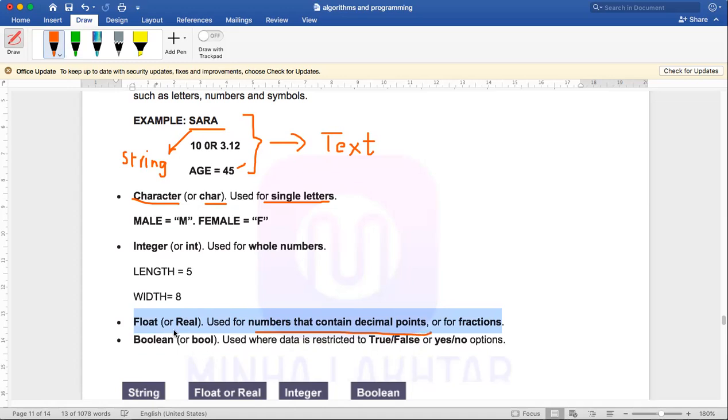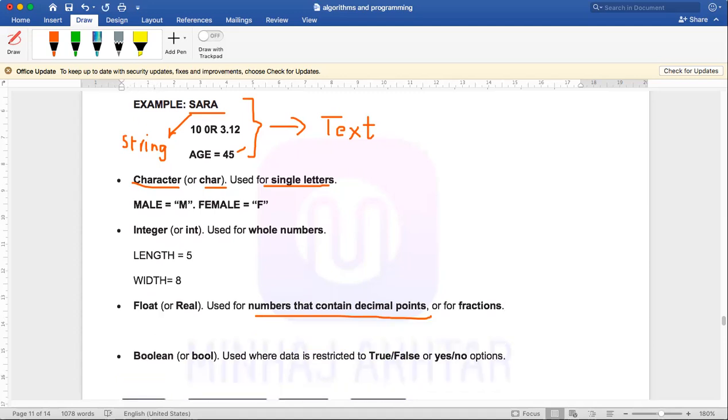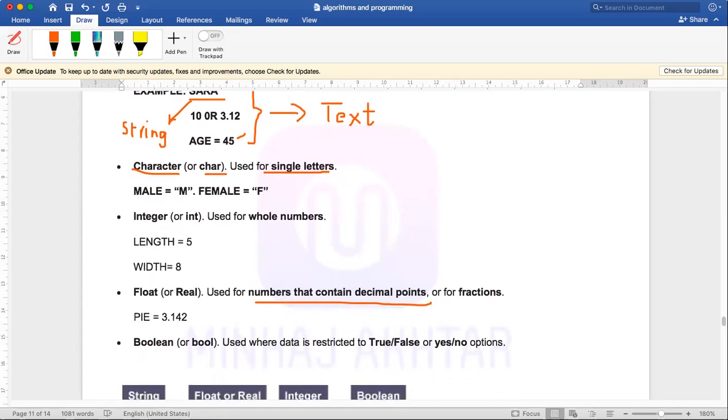So float or real is the same. Remember, some people say it is real data, so it's all right. Don't get confused. So values like pi, for example, the pi value is 3.142. This is called a real value, right? Or floating point. I hope it's clear now.